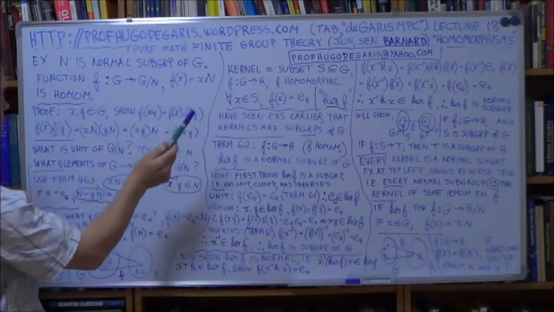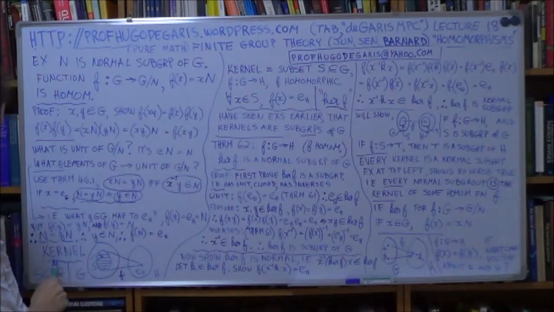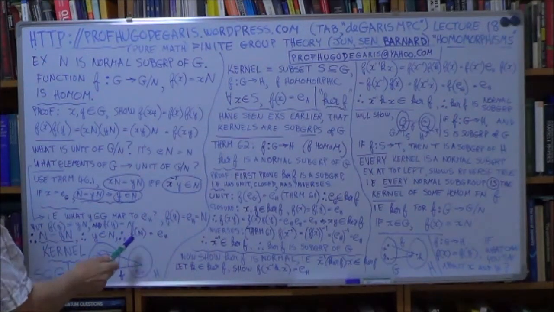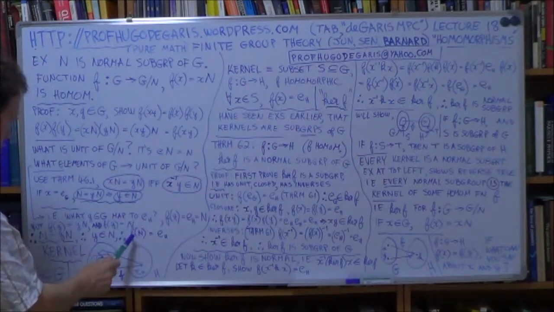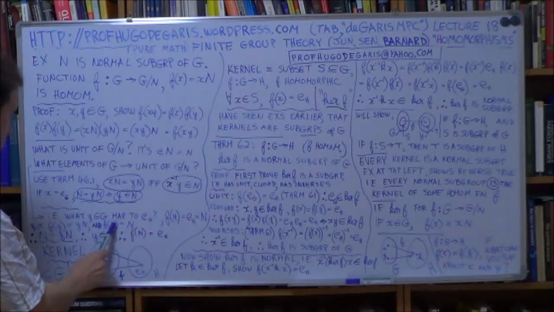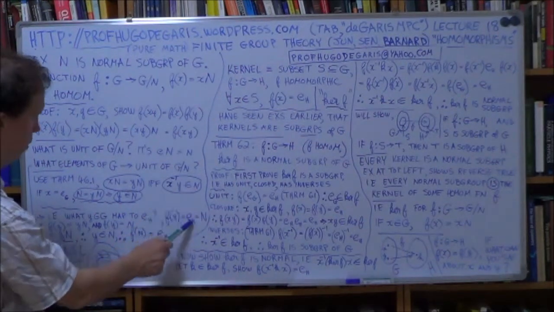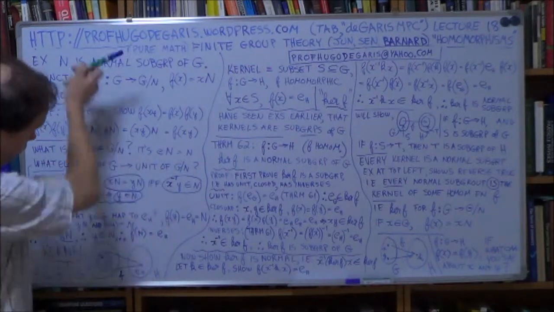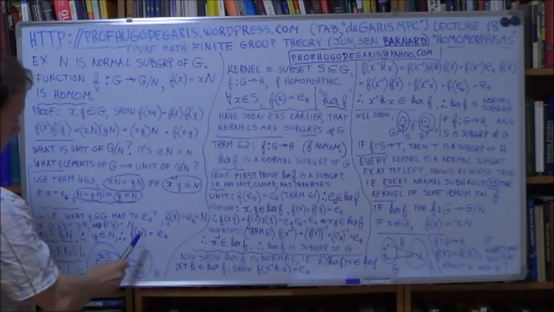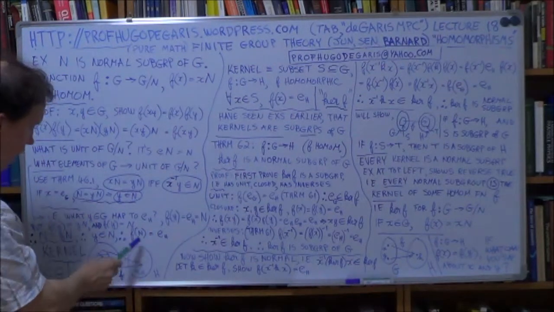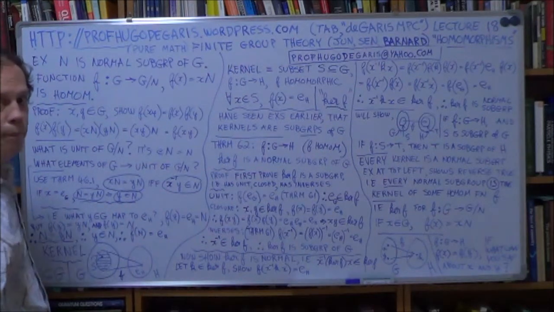That's what we showed here: the solutions y such that f of y maps to the unit. We found, remember this discussion, that those y's were in fact your normal subgroup.